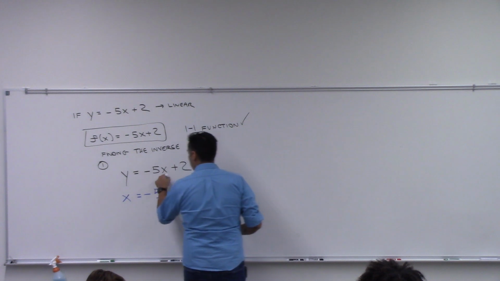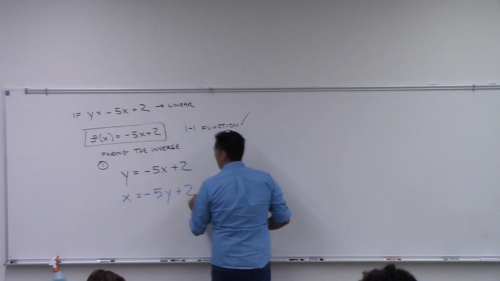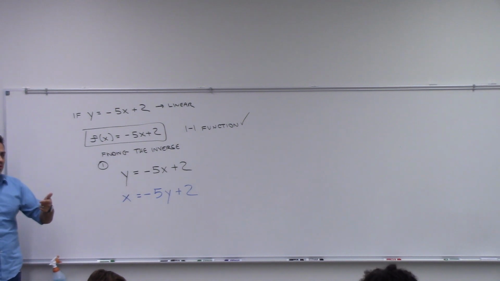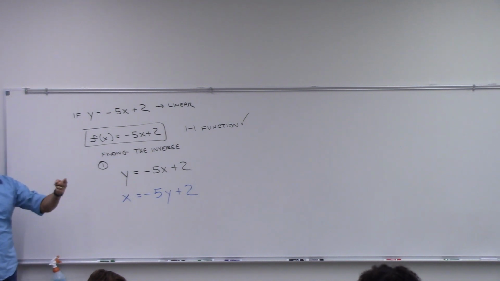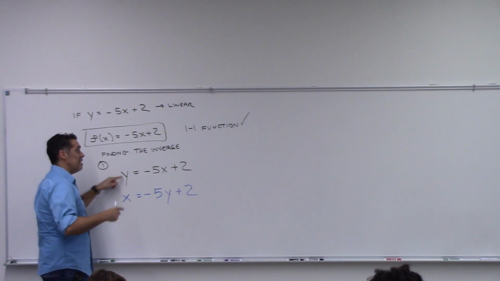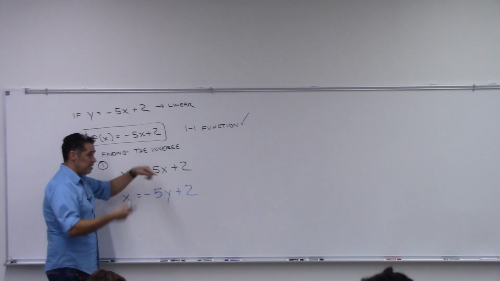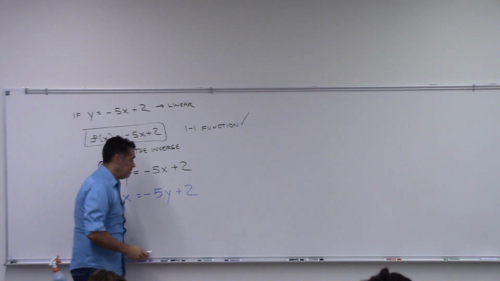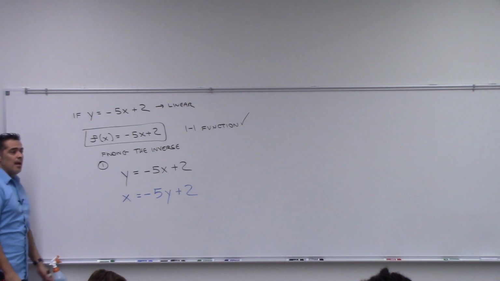Where this x used to be, put y. Now the reason you're doing that is because, remember, the inverse function takes things back to where they came from, right? So whatever this y is, the inverse needs to take that y back to x, and whatever this x is would need to go back to y. Like they switch places.